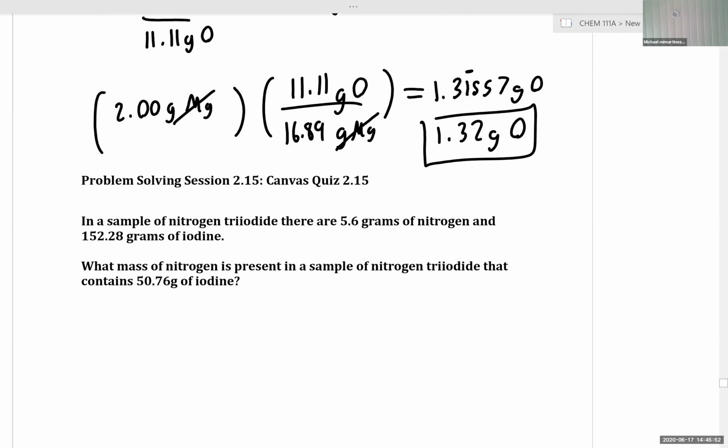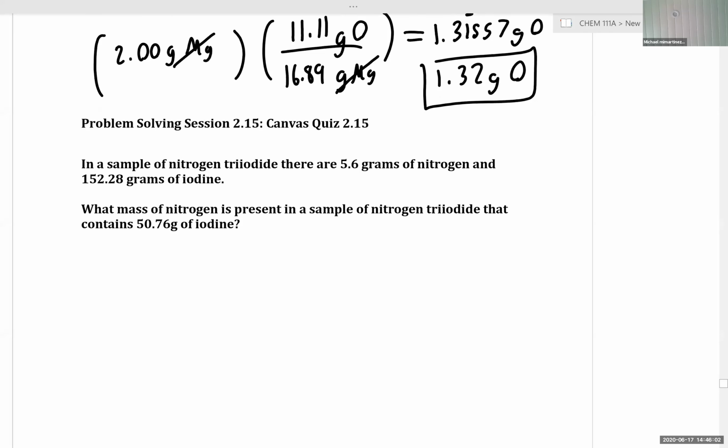So I see a lot of reasonable answers so far for this question. So let's take a look at this question and let's work through it as a group. We know we're trying to go from the grams of iodine, well, in this case, just I, since it's referring to the element, and we're trying to figure out the grams of nitrogen.